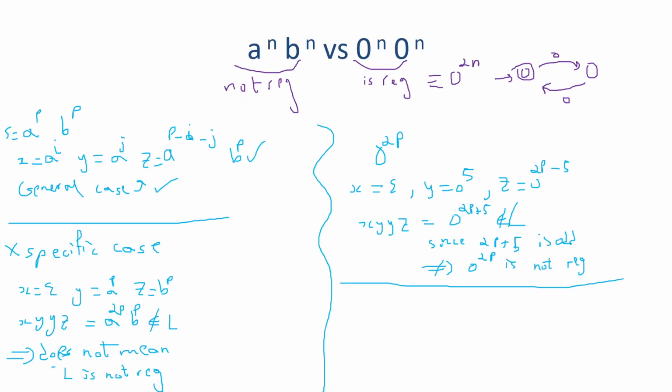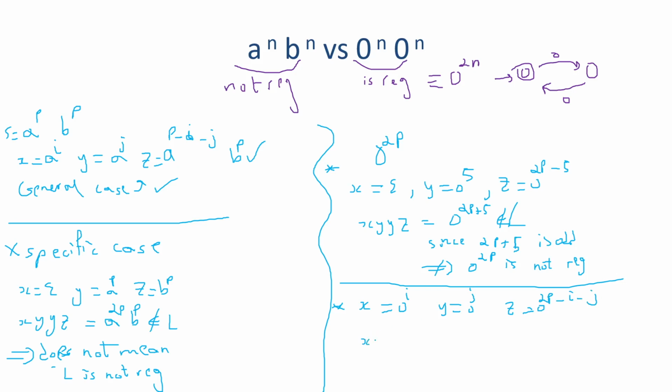If I had actually tried to do the right way of proving that 0^P is not regular by the pumping lemma, that would have looked like this. X is some number of zeros. Y is some different number of zeros. And Z is everything else. So 0^(P-i-j).